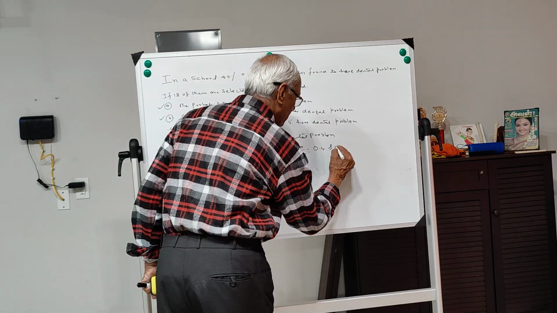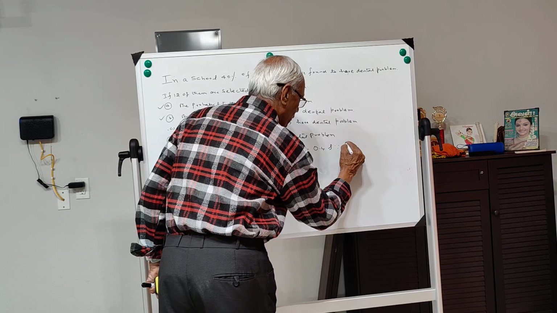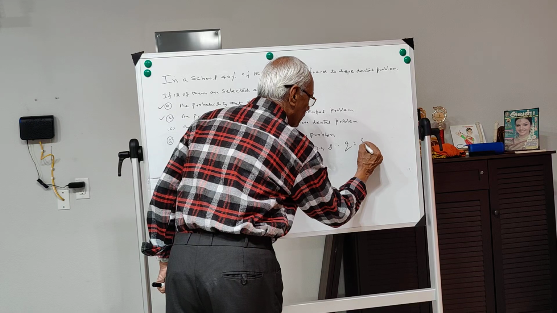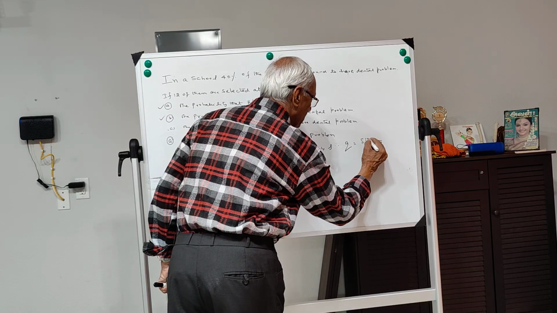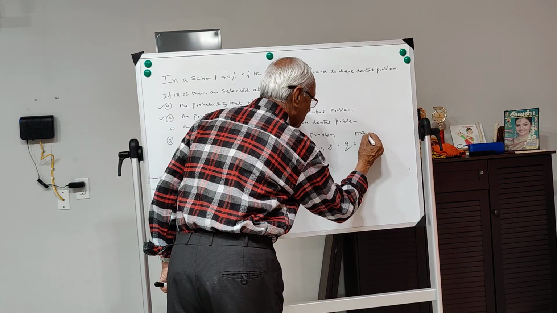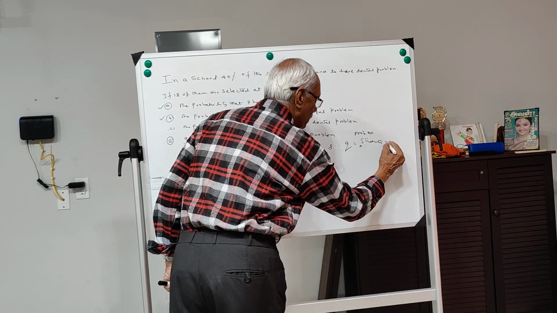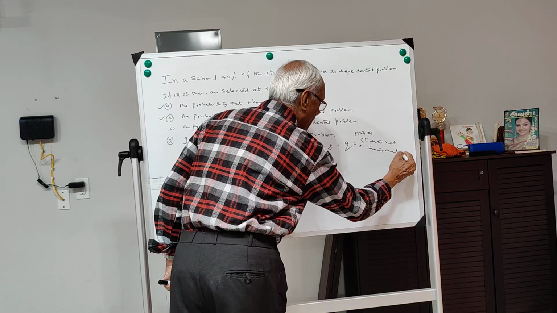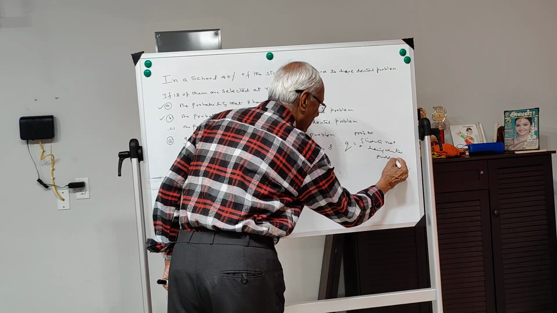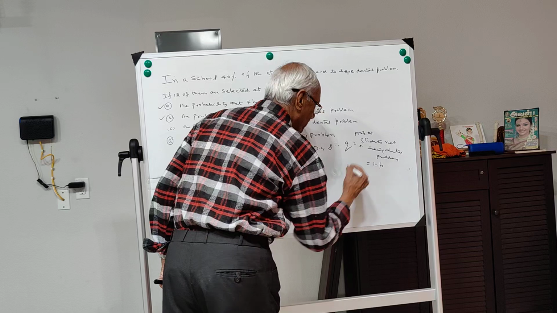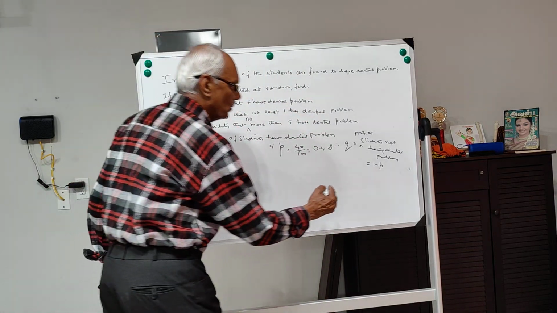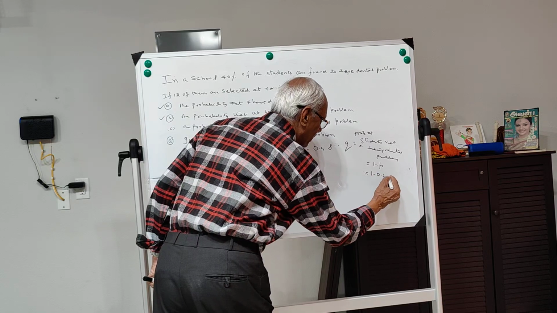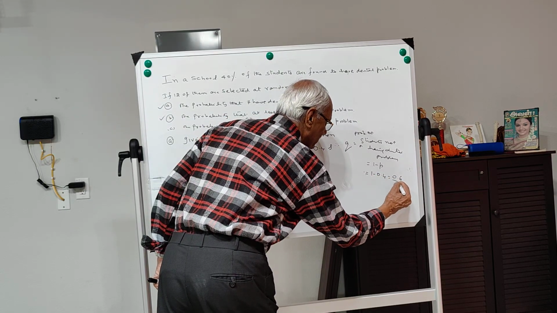Therefore Q, the probability of students not having dental problem, is equal to 1 minus P, which is 1 minus 0.4, that is equal to 0.6.